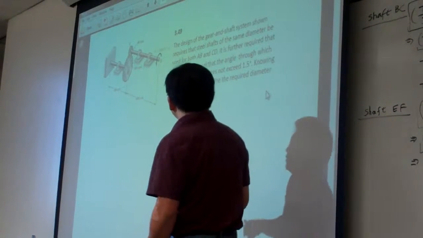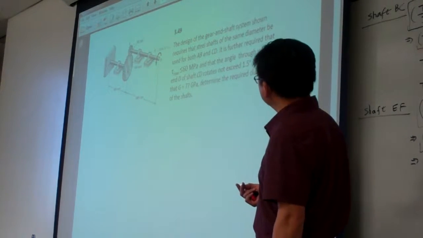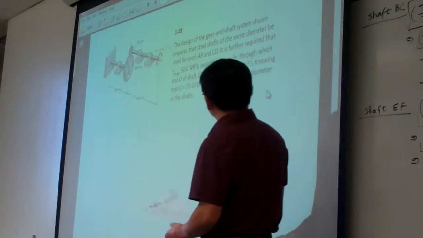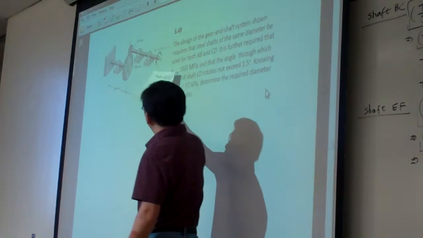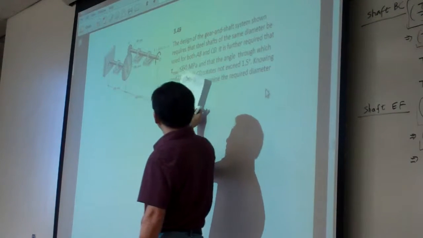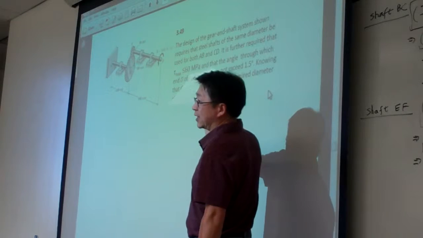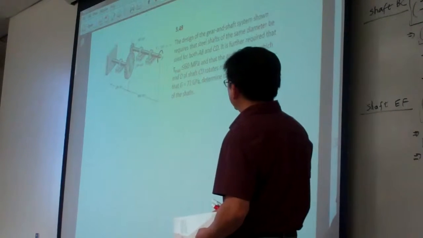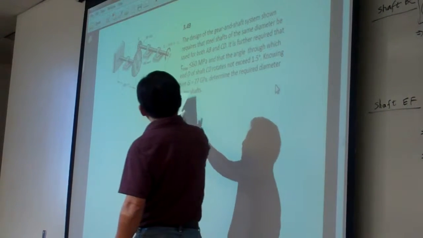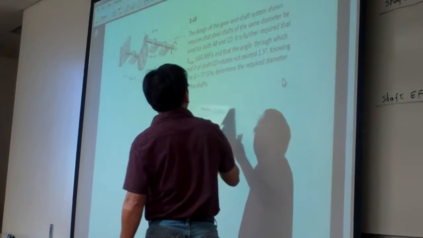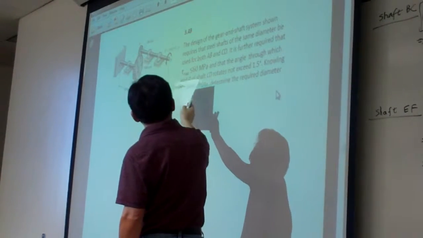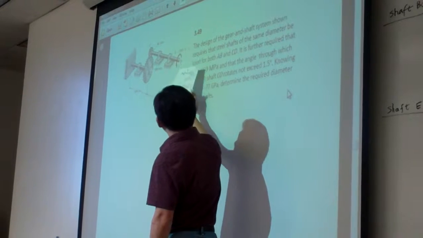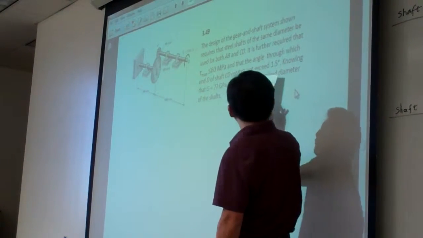So for this case, we have two design criteria. The first one is we have to make sure the maximum stress in both shafts must be less than this number, 60 MPa. The second criteria is this: the angle of the twist, the angle of rotation at D must be less than or equal to 1.5 degrees.